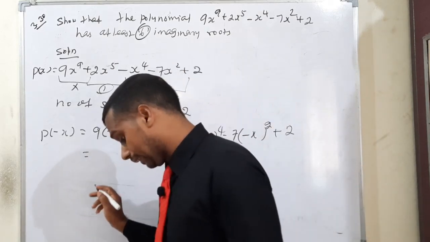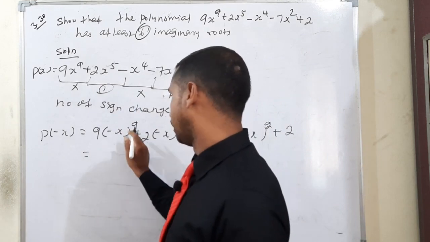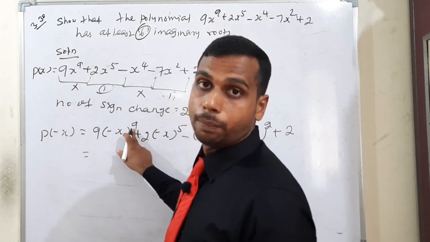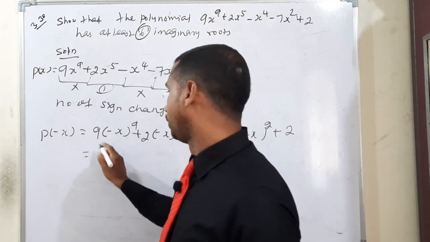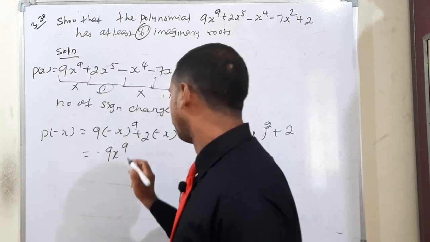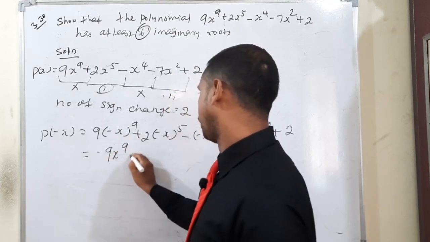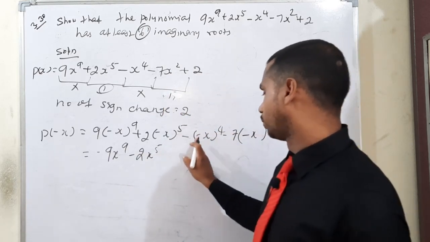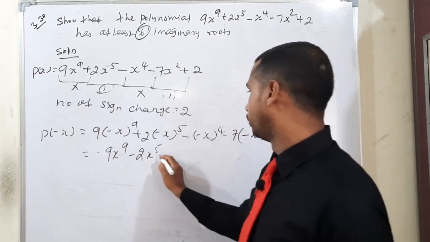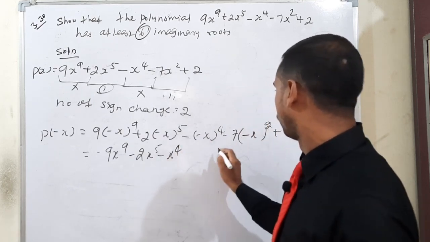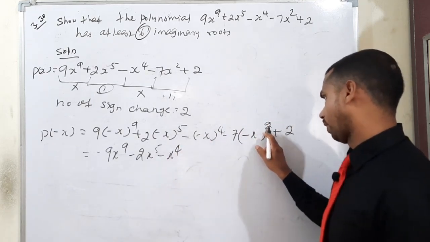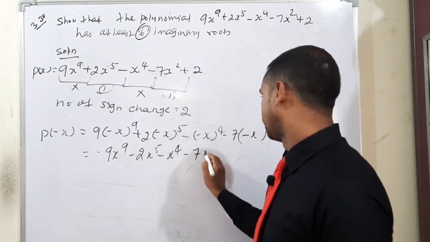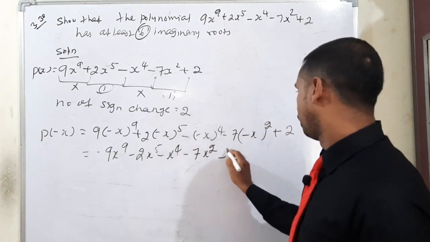Now, minus x the whole to the power 9 means definitely an odd power, means negative sign repeats. So, minus 9x to the power 9, there is also negative, so negative 2x to the power 5. Here the power is an even number, so negative converts to positive, therefore minus x to the power 4. Here also the power is a square, therefore minus 7x square, then plus 2.